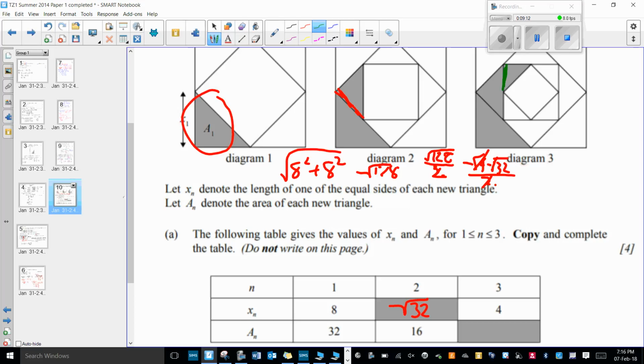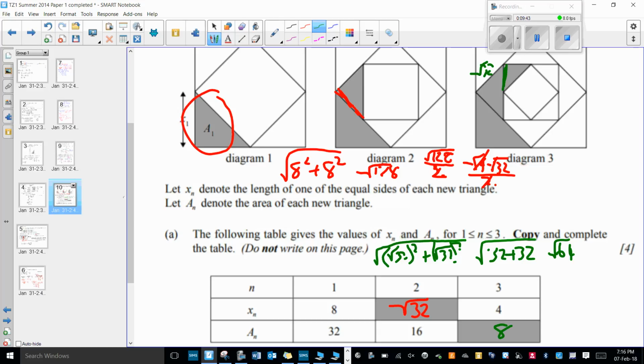So it's going to be root 32 squared plus root 32 squared, square rooted. Well, root 32 squared is obviously 32. Root 32 squared is obviously again 32. 32 plus 32 is 64. And the square root of 64 is 8.